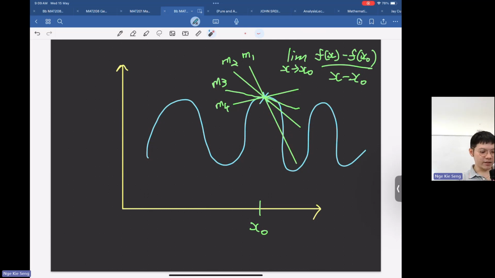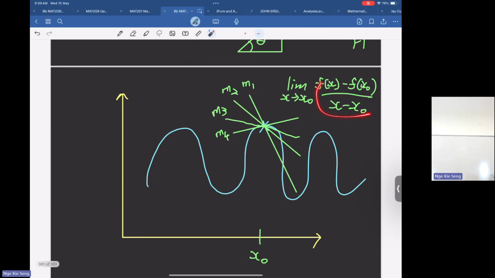So we take the limit of this ratio. Yesterday, Jack made a very good point here. If you make x go to x0, then you will get 0 over 0, which is undefined. So we are not interested in this value.